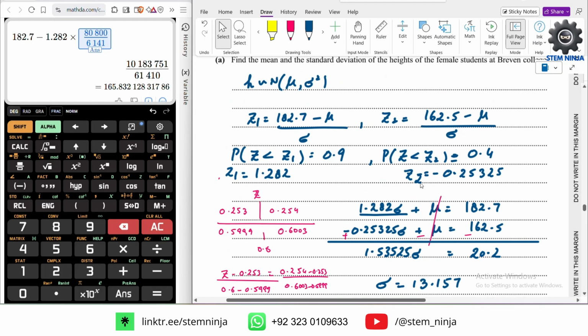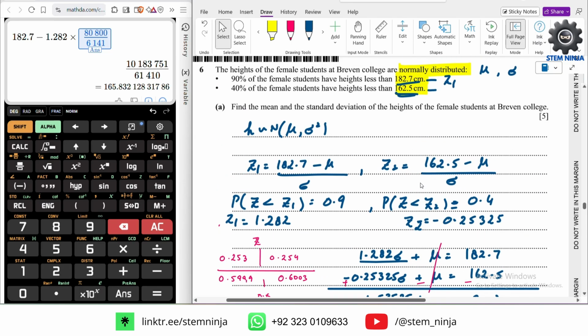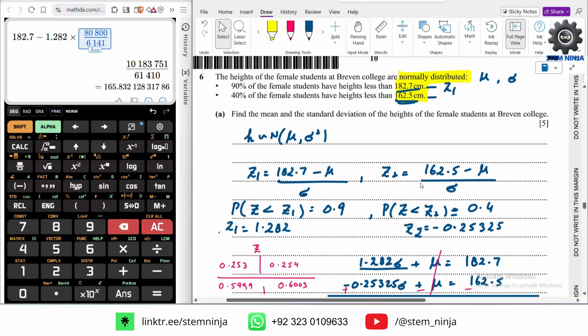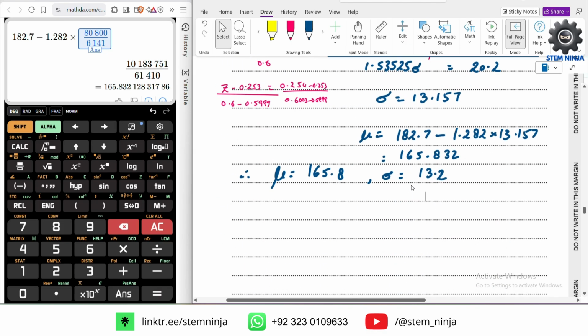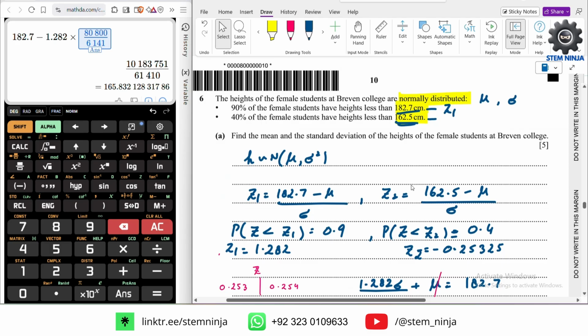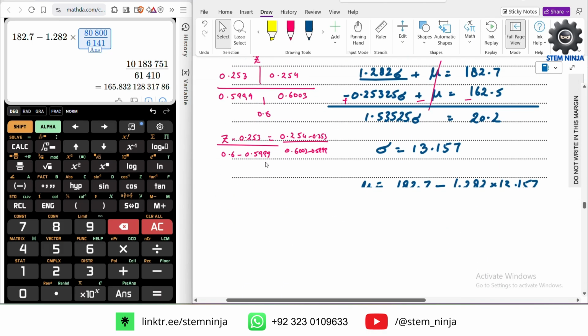So basically we know the probability of the female students of having height less than 162.5 is 0.4, right?